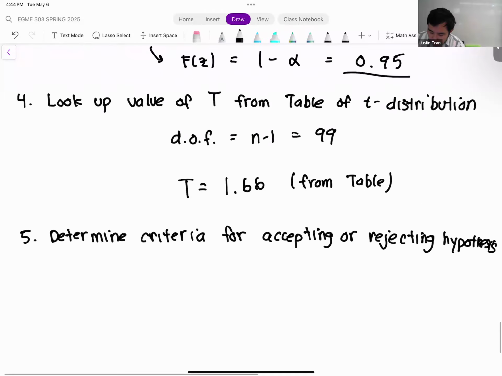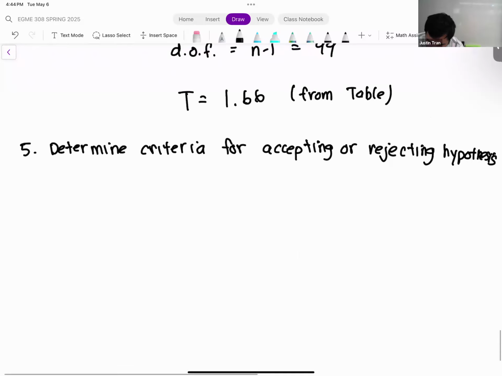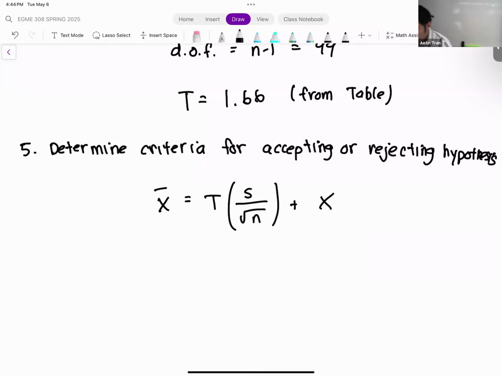So we're going to compute our equation from above. We have x bar equal to t that we just computed times the standard deviation divided by the square root of n, plus our original hypothesized value.